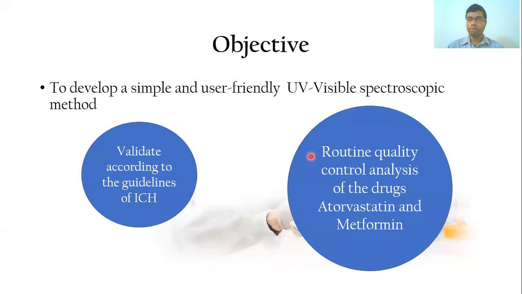Right. So our objective is to develop a simple and user friendly method. That's very important, the word user friendly, because any analyst or trained person should be able to work out this process without much assistance from a senior scientist. Our first goal is to validate according to the guidelines of ICH. ICH guidelines give all these instructions on how to do those things, so we are following that.